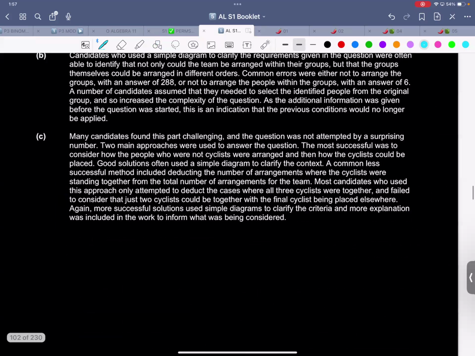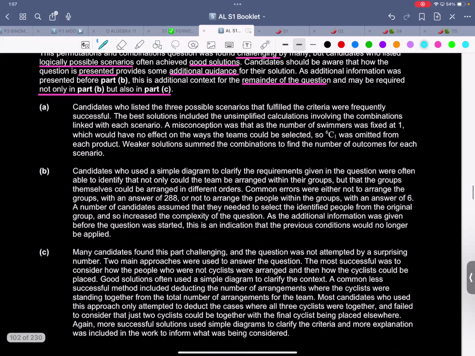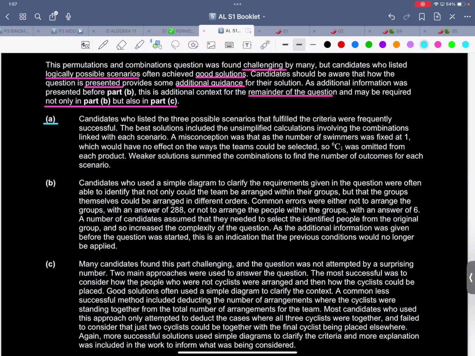And then it says, part A, candidates who listed the 3 possible scenarios that fulfilled the criteria were frequently successful. Best solutions included the unsimplified calculations involving the combinations linked with each scenario. A misconception was that the number of swimmers was fixed at 1, which would have no effect on the way the teams could be selected. So 6C1 was omitted for each product.